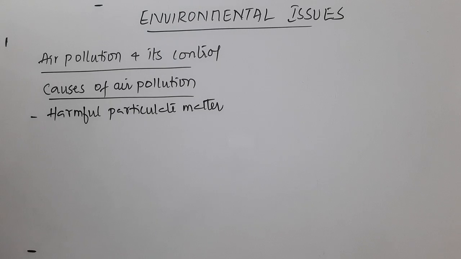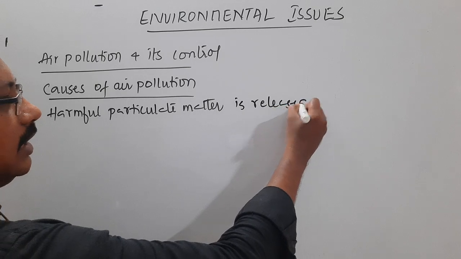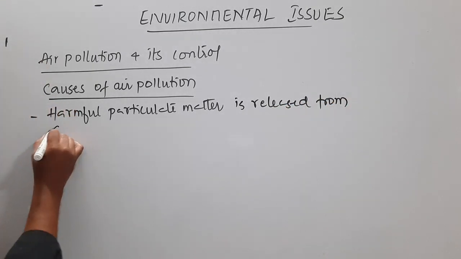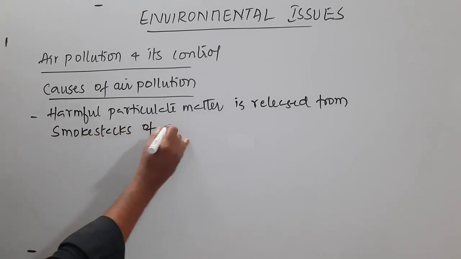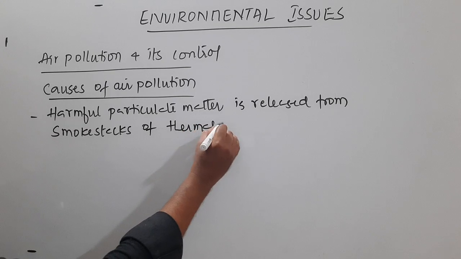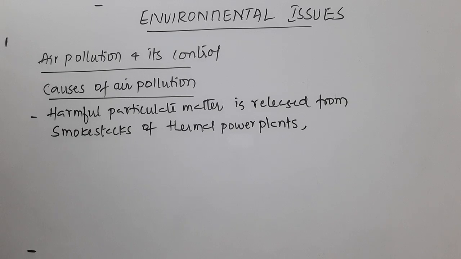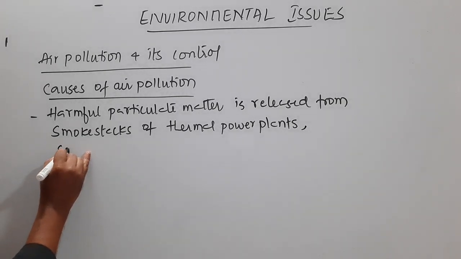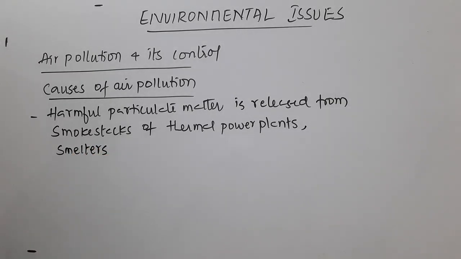The harmful particulate matter is released from smokestacks of thermal power plants, and smelters like iron and steel smelters, which use ore and extract the metals from them.